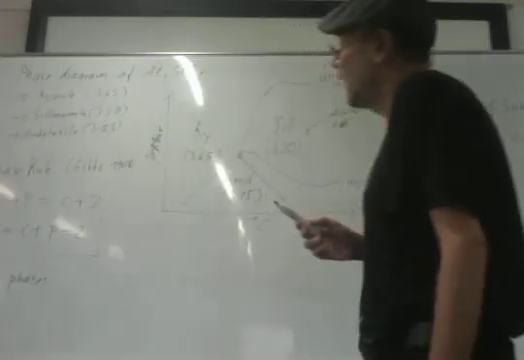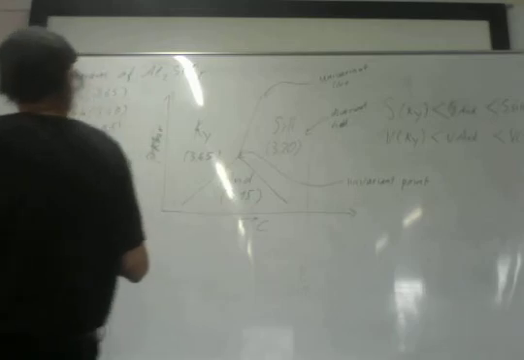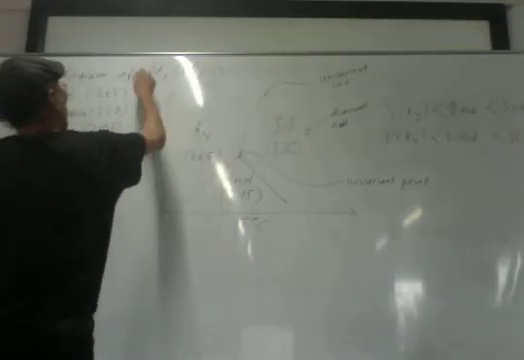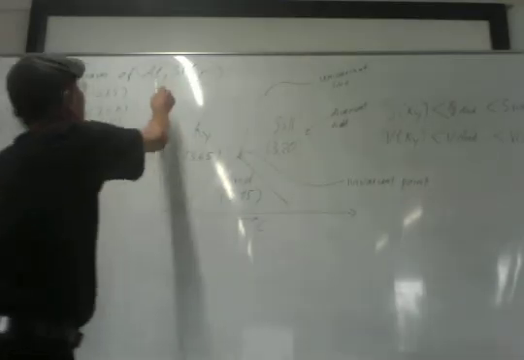How many phases do you have in this diagram? Yeah, you have chemically only one. Then you have C, that is the number of components.